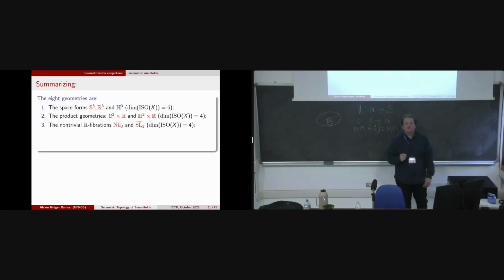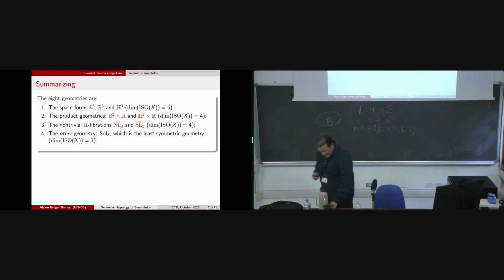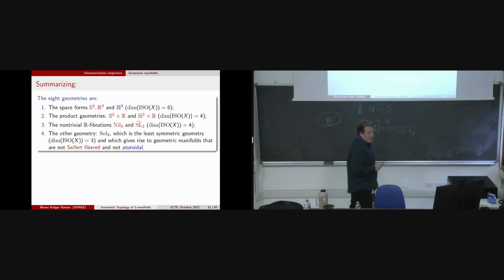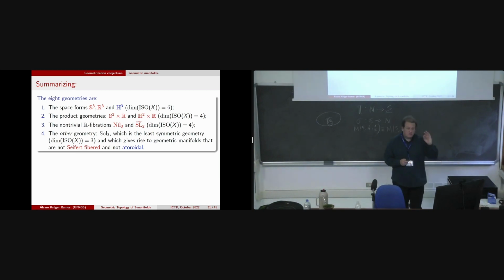You have two non-trivial R fibrations, Nil3 and SL2R tilde, with 4-dimensional isometry group as well. And you have the other geometry, which is Sol3, the least symmetric geometry, where the dimension of the isometry group equals 3. And this gives rise to geometric pieces which are not Seifert fibered and not toroidal.